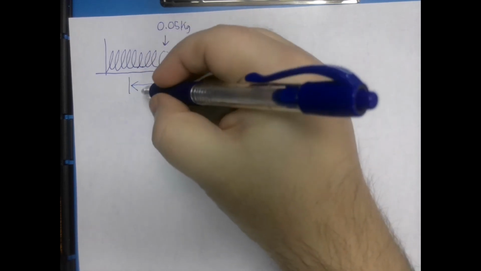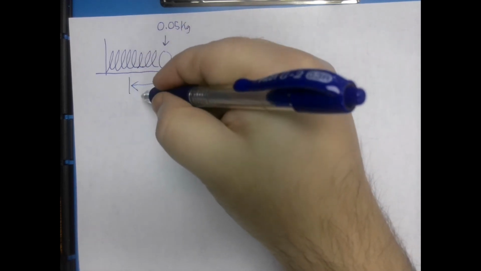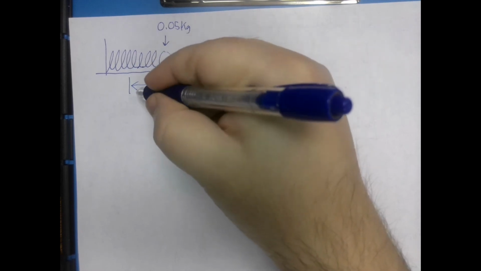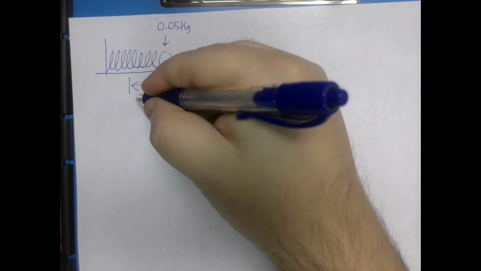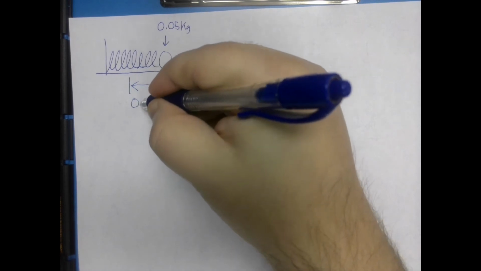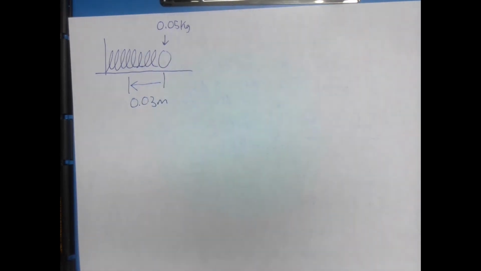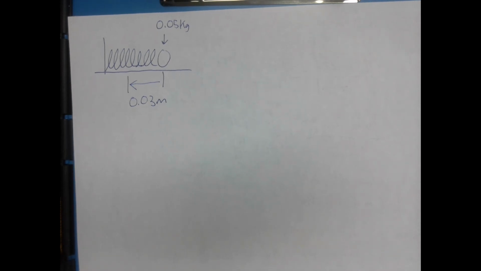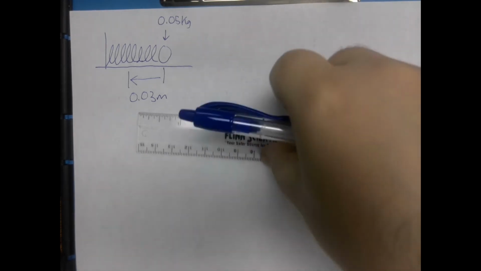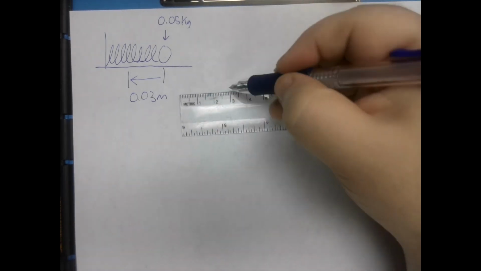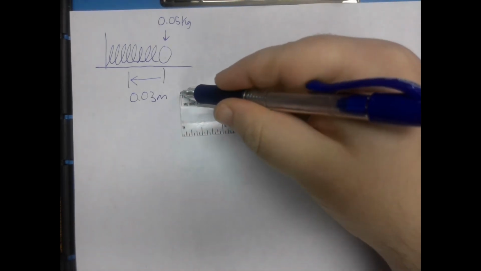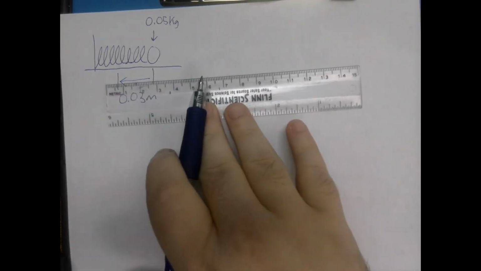We compress the spring by, what's a good value? 0.03 meters, so 3 centimeters. So 3 centimeters would be this distance from here to here. I actually almost drew it to scale.